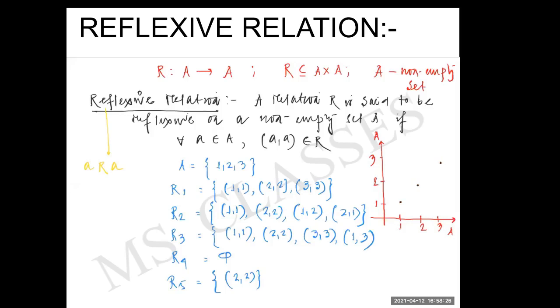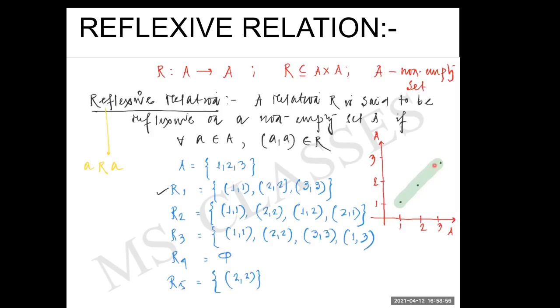Now, for a relation to be reflexive, the relation must contain all the diagonal elements. Like R1. R1 is a reflexive relation. Why? Because whatever element you have in A, for all those elements you have (1, 1), (2, 2), and (3, 3).